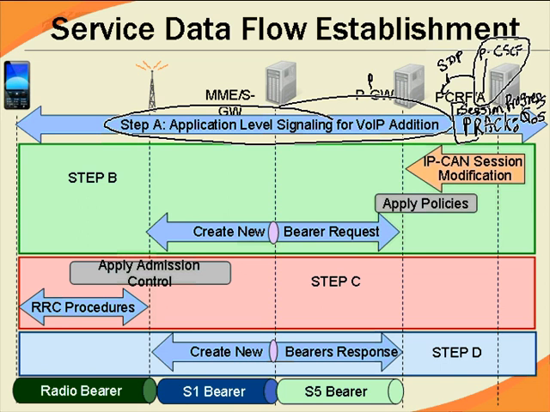PCRF will tell the enforcement function, which is implemented by the PGW, that we need certain QCI, we need certain data rate guarantee, guaranteed bit rate, and PGW will work with the serving gateway.